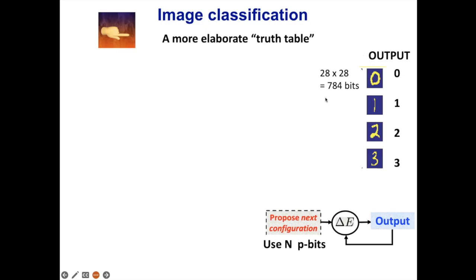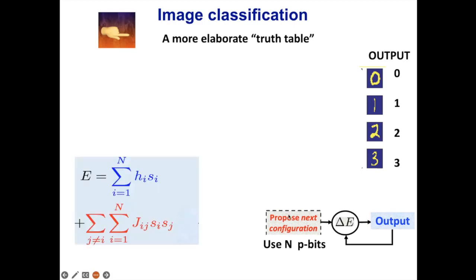So in a way, this is also a truth table, just a very elaborate one. You have 784 bits, and there's a 0, and that's one line of your truth table, etc. In this case, it is relatively difficult to write out the full energy function. It's a huge table, but what you often try to do is write it in this form, where there's a linear term and a 2-body term.